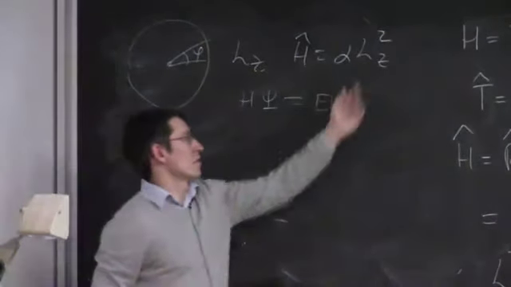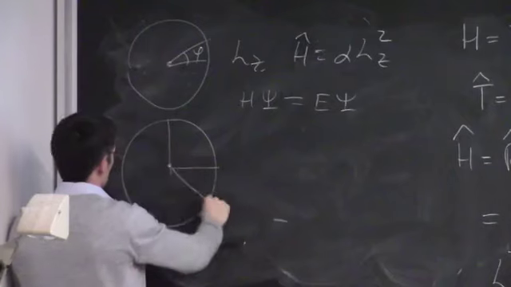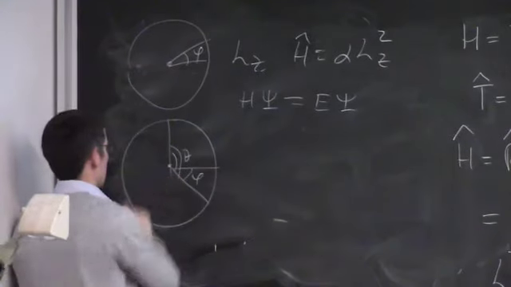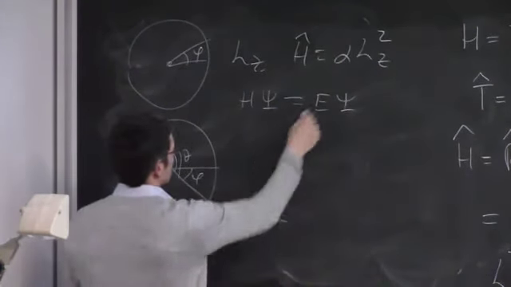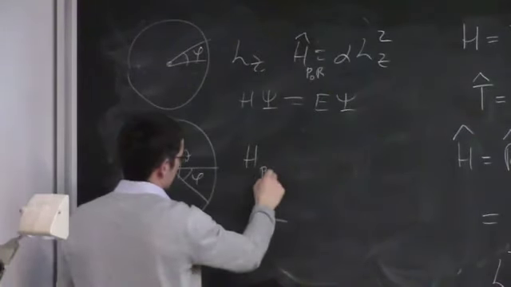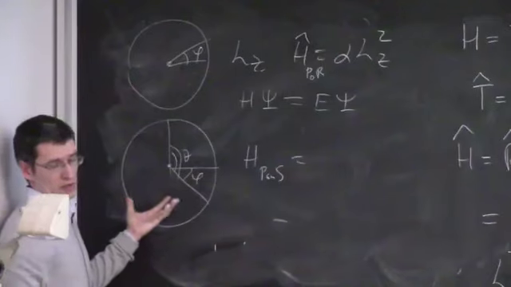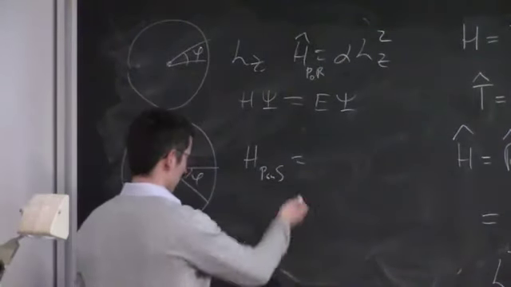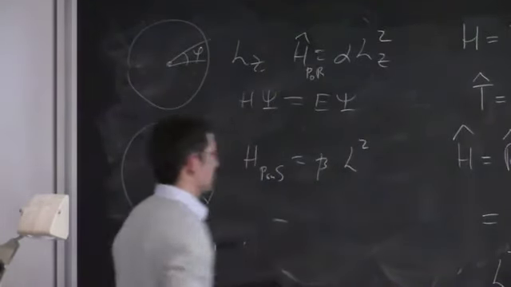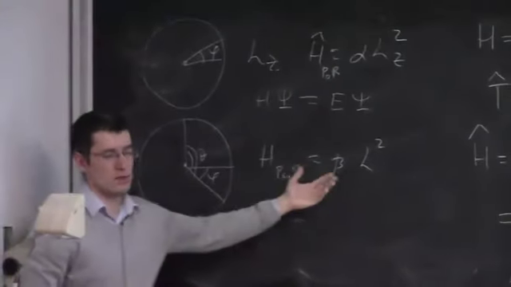for the LZ functions. Then we considered, okay, what's going to happen if we put a particle on a sphere? So phi is here, and theta is another angle here. For the particle on the sphere, there is only kinetic energy in the Hamiltonian, and the kinetic energy was some constant times L squared, and that constant depended on the radius.